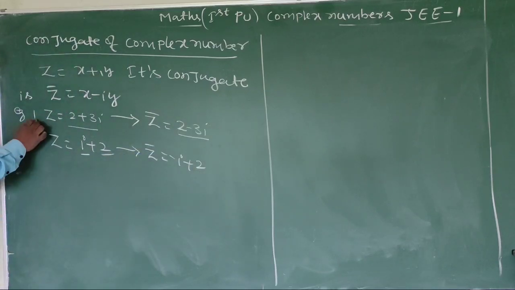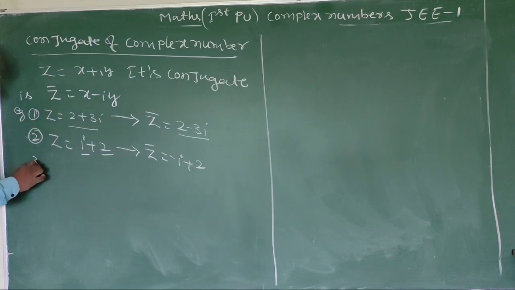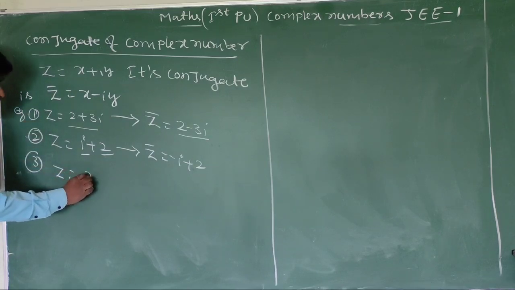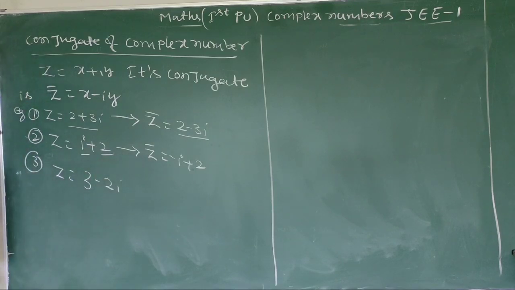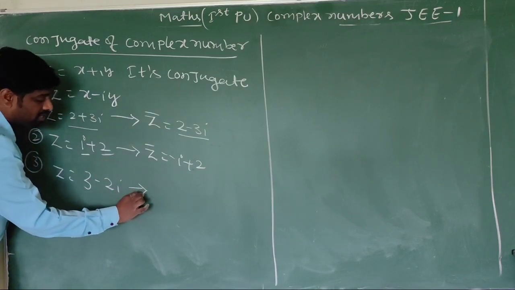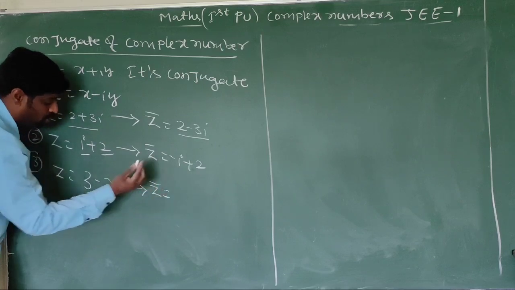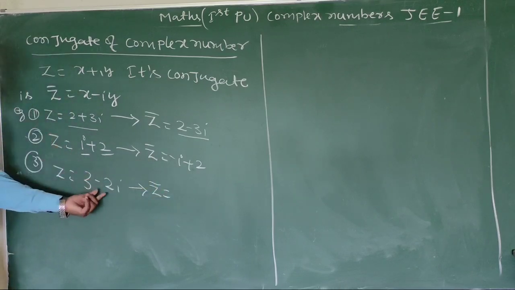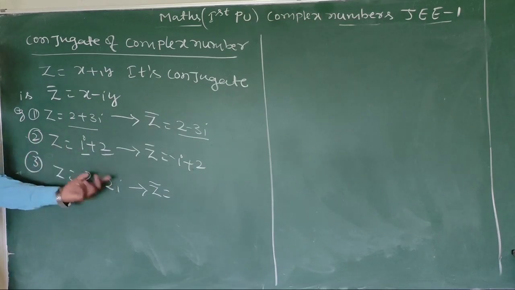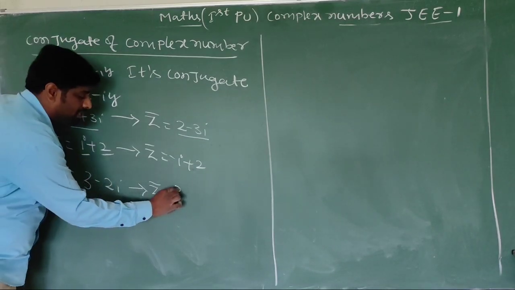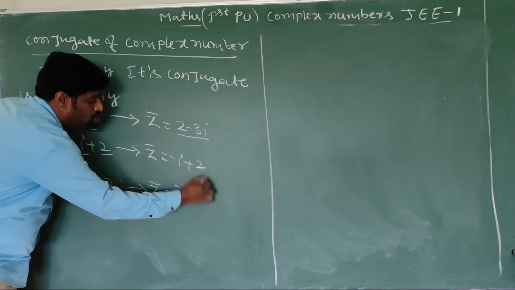Okay, I will take one more example. Suppose z is equal to 3 minus 2i. What is its conjugate? Z bar is equal to, as I already told, change the sign of the imaginary part. 3 minus 2i becomes 3 plus 2i.